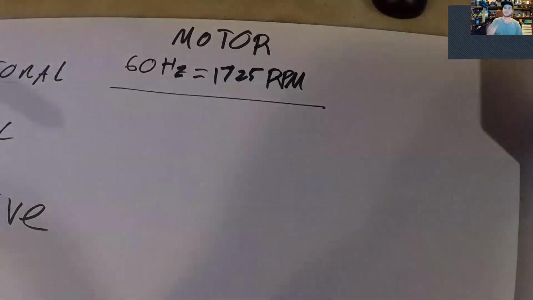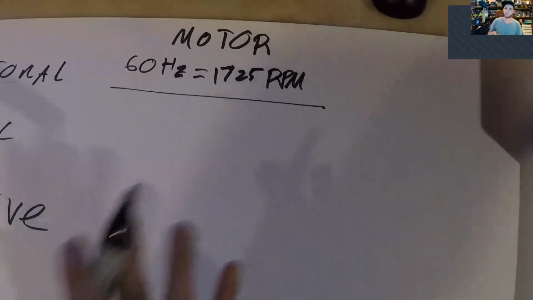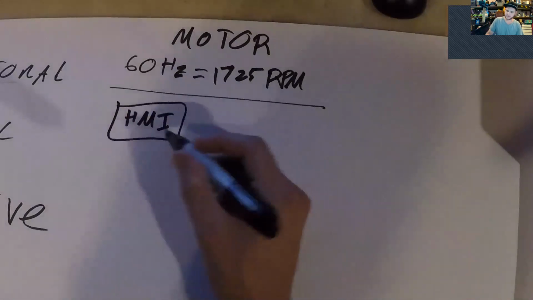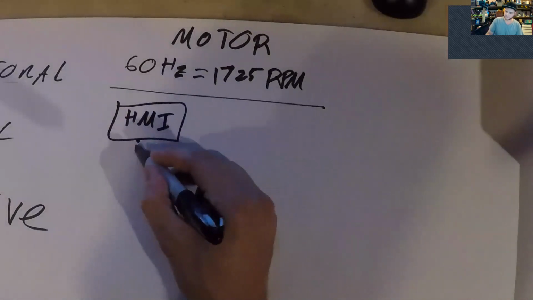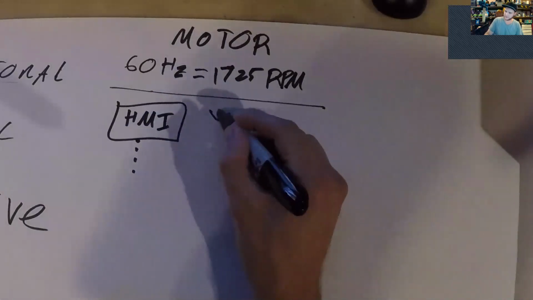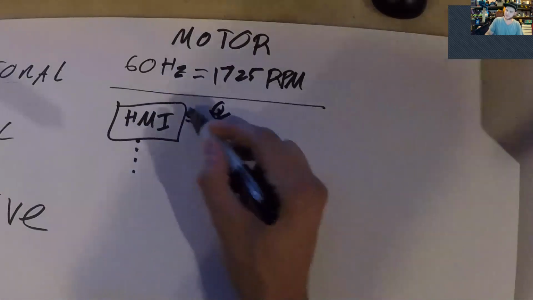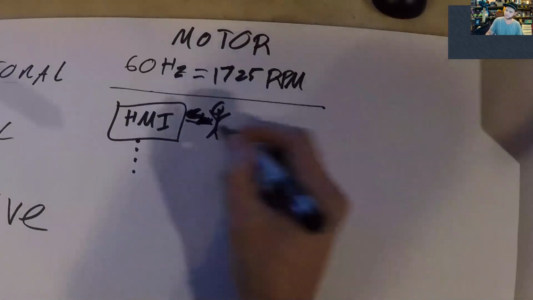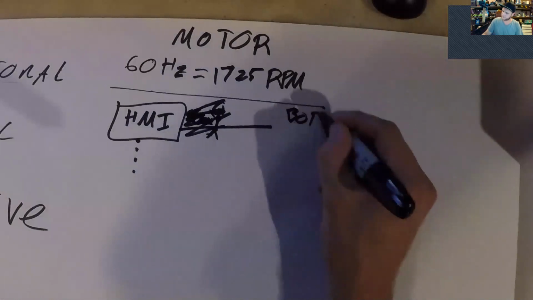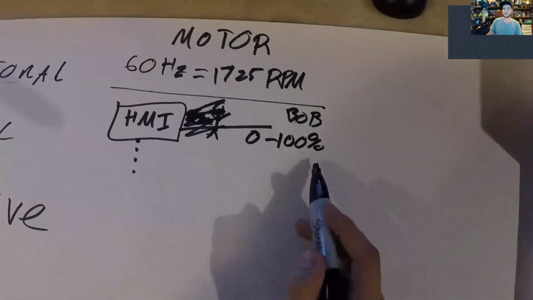For our system, in previous exercises, we've programmed a system with an HMI. That's your human interface. Bob puts in 0 to 100% on the keypad, right?